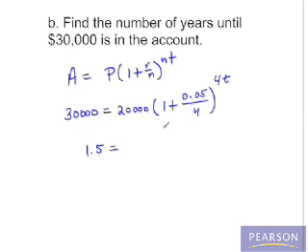That's going to give us 1.0125, raised to the 4t power. So again, what happened there, I divided both sides by 20,000 to get the 1.5 on the left, and then I simplified the expression 1 plus 0.05 divided by 4, giving us 1.0125.